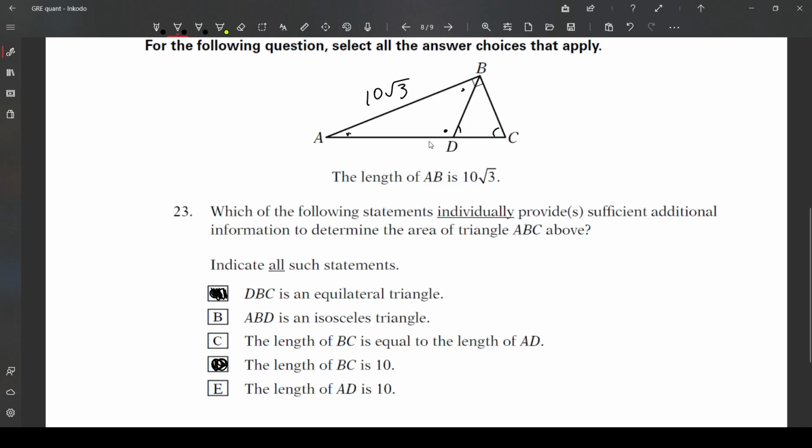I'm just trying to think, does it have to be the case that these two are the congruent sides? Like, can these be congruent?